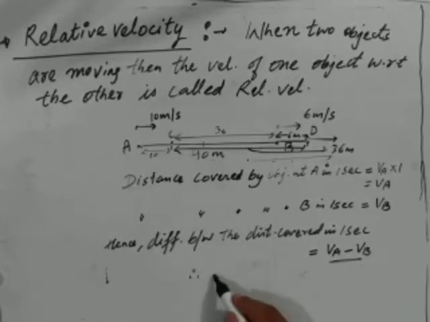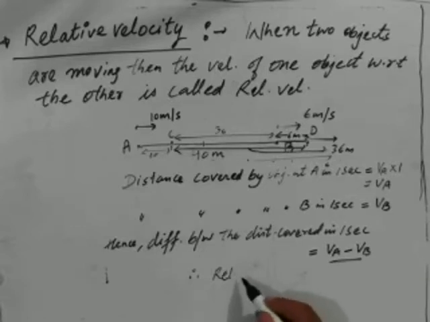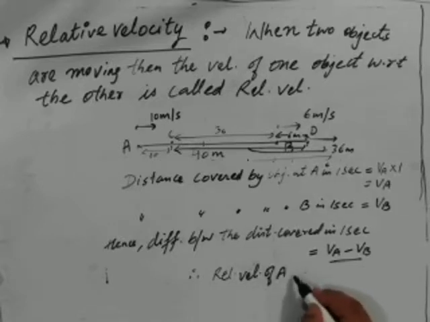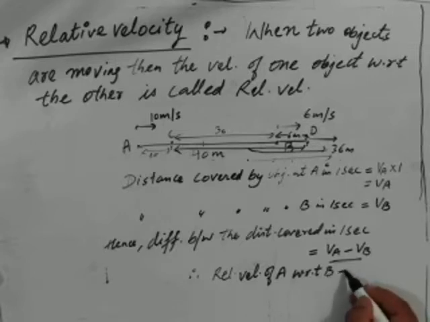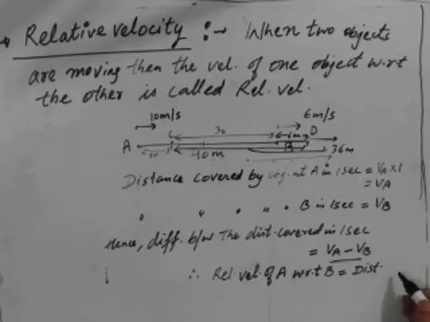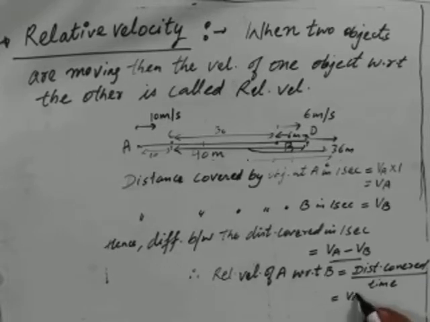Therefore, a relative velocity of A with respect to B is equivalent to distance covered upon time, and that is equivalent to VA minus VB upon 1, and that is equivalent to VA minus VB.